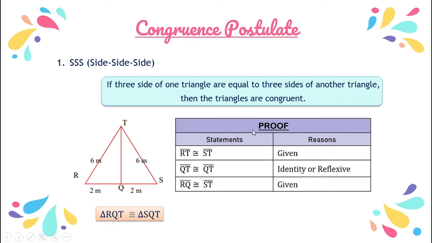The proof statement, segment RT congruent with segment ST because the size is 6 meter, given in the picture. Then the segment QT congruent with segment QT. Why? There are 3 congruent properties, and this is the identity or reflexive. What is reflexive? Reflexive is something equal to itself.